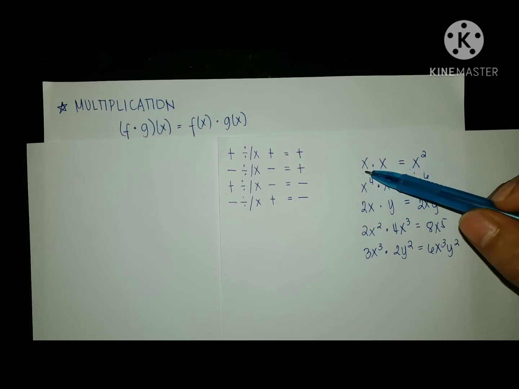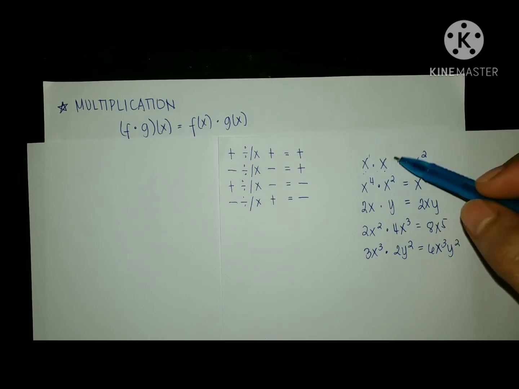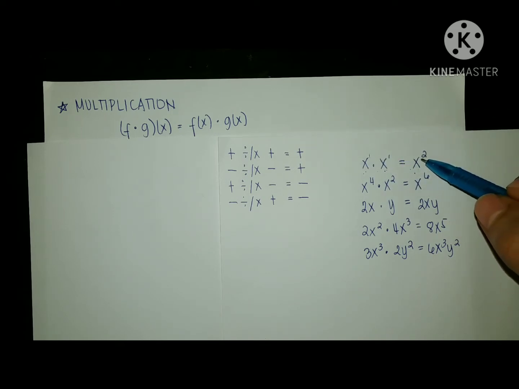The exponent of x is 1. There is an imaginary one on top of x. Same is true with another x. So adding now the exponents of x and x, that is 1 plus 1, it becomes 2. So x times x is equal to x squared.